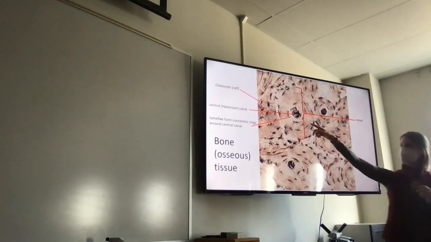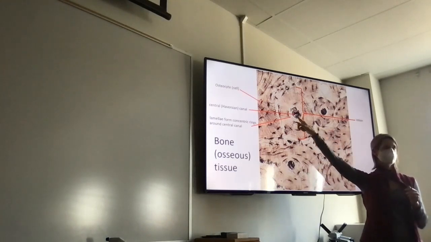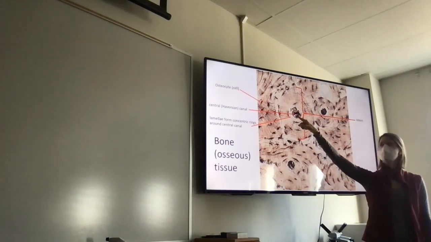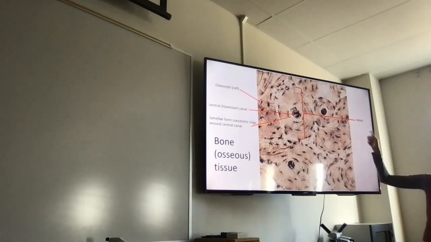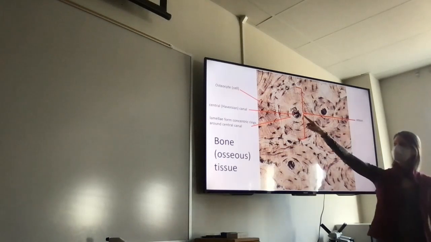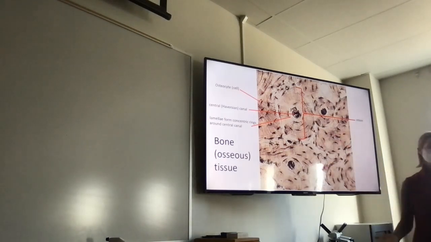In the very middle of that, you have an opening called the central canal or the haversian canal. And that's where blood vessels and nerves actually enter the bones or the bone tissue. And that's all you need to know for bone tissue. So know osteon and then osteocyte as well as central canal or haversian canal.